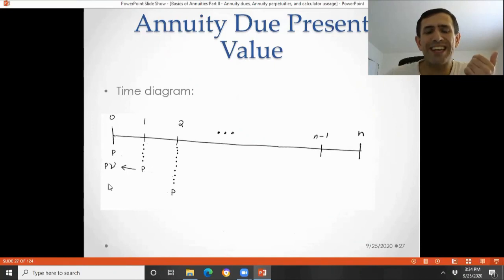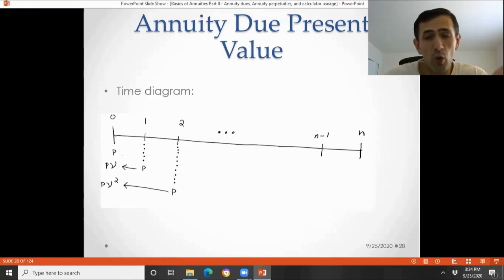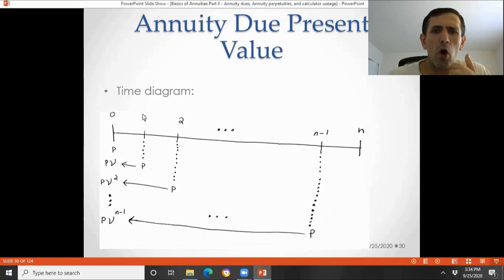How much do I need in the account to pull out in 2 months to pay rent of P? I need P nu squared, because that will accrue 2 months of interest, and in 2 months I'll have P. So add all these up, and if you think about it, you'll have exactly enough money to pull rent payments out when they're due, and you won't have a penny more or a penny less to do this.